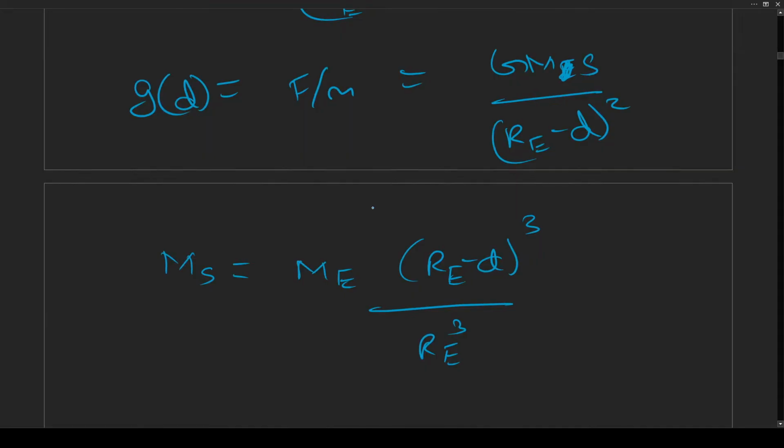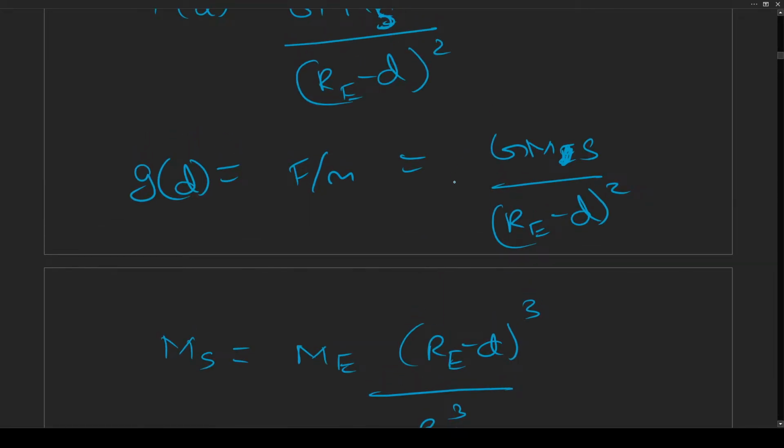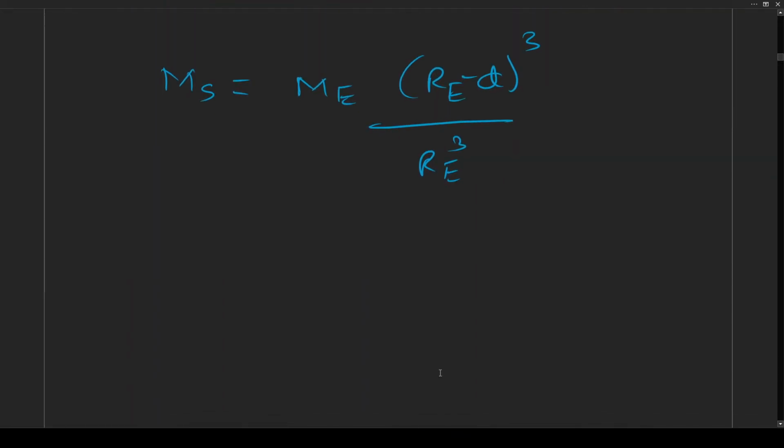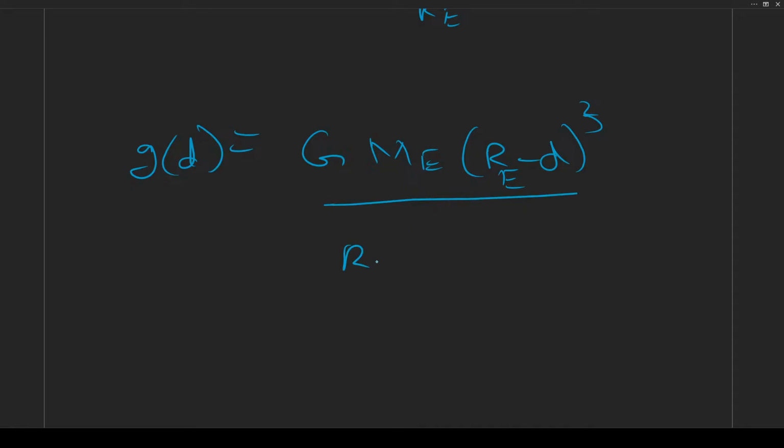Now substitute this in the above equation and we get g at depth d equal to G Me (Re minus d) whole cube by Re whole cube times (Re minus d) whole square.